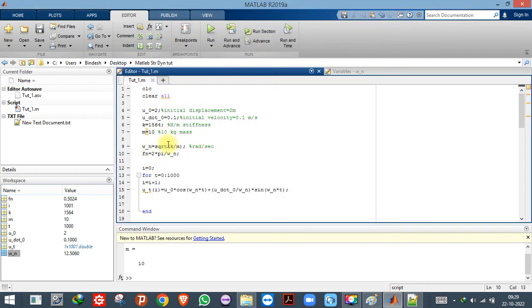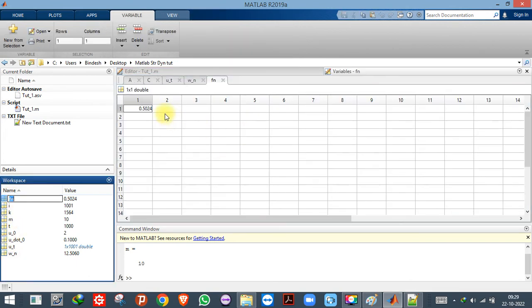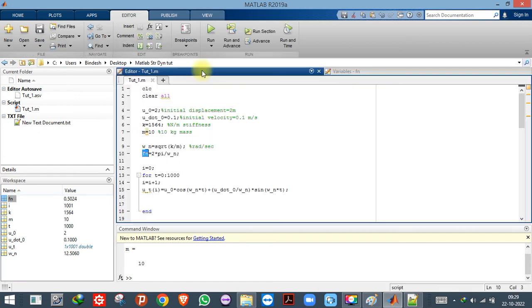So what is the frequency in cycles per second? The value of Fn equals 0.5, that means 0.5 cycles in 1 second. So this is very less. Now to make you understand, I'll try some data.